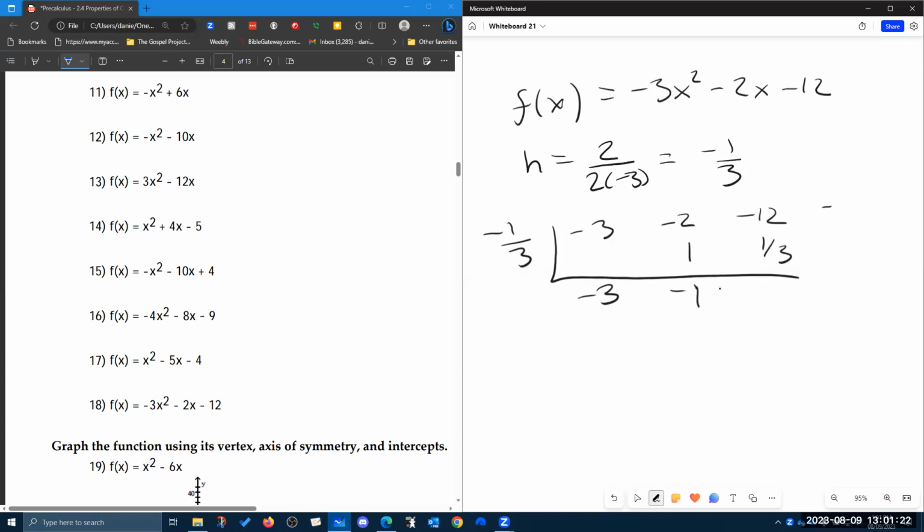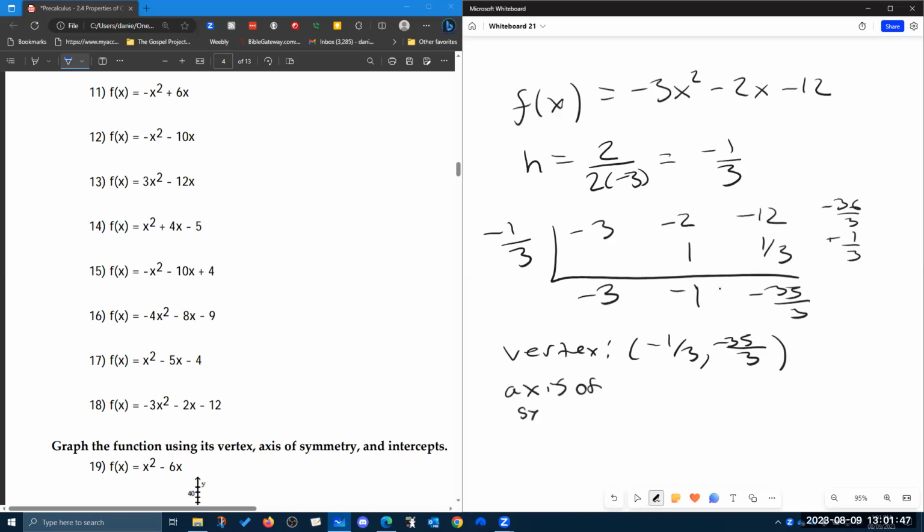So this is going to be negative 36 thirds plus 1/3, which is negative 35 thirds. My vertex is going to be at (-1/3, -35/3), and my axis of symmetry is going to be x equals negative 1/3.